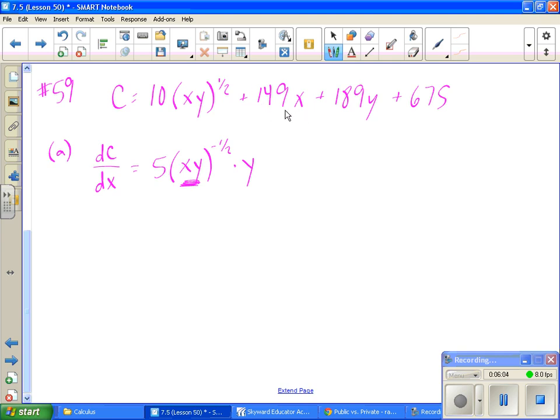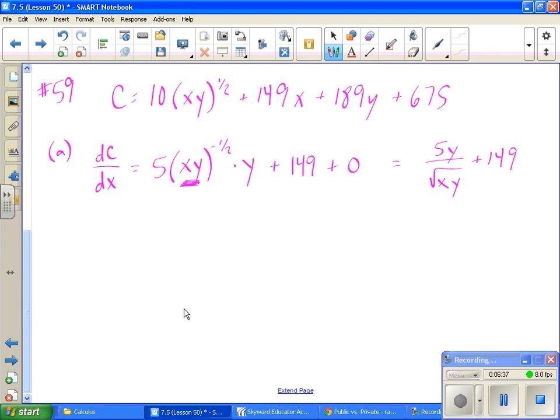Okay, and then what's the derivative of the 149x? 149. What's the derivative of 189y? 0. What's the derivative of 675? 0. So all this other stuff just goes away. You don't need to write the plus 0. So if I rewrite this, I would have 5y over square root of xy, and then plus 149.